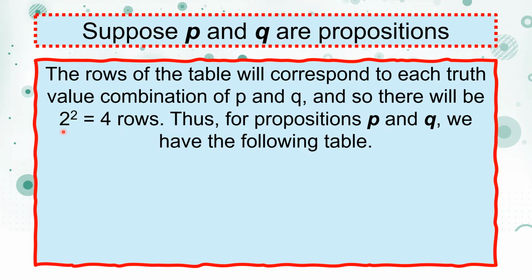So we have only 2 truth values. And the exponent here, which is 2, is the number of propositions, because we have only P and Q. Thus, for propositions P and Q, we have the following table.